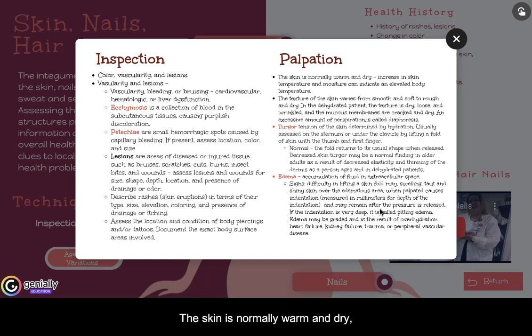The skin is normally warm and dry, so temperature, and it should be moist. If it's too hot, then it can indicate an elevated body temperature. If it's too cold, then it could actually indicate a lack of circulation to that part of the body. So the texture of the skin should be smooth, not rough or dry, right? If a patient is dehydrated, the texture can be dry and loose. And you can check that by checking the turgor of the skin.